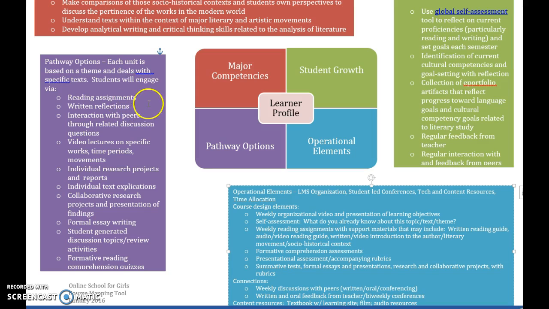They would probably follow that up with a written reflection, and that reflection might include interaction with peers, or it might be a written reflection simply for me so that I can see where they are at the end of the reading. They would have peer-led discussions and also discussion questions that I provide. In order to learn about the context, they might have video lectures on the works or time periods or movements.